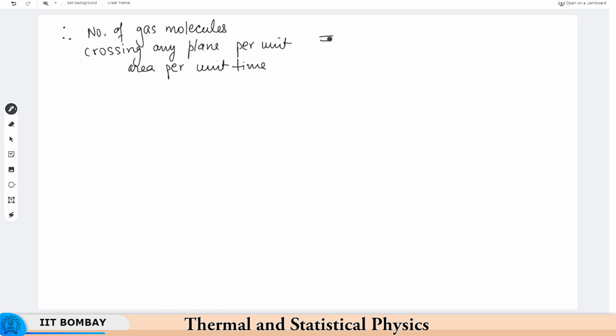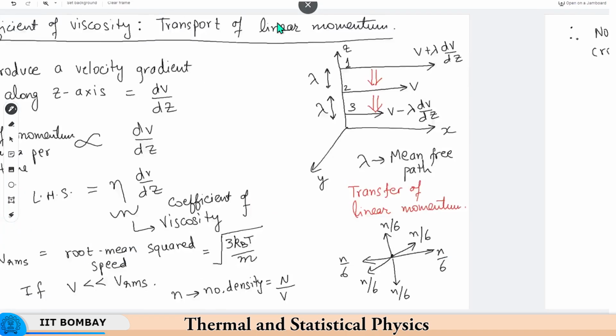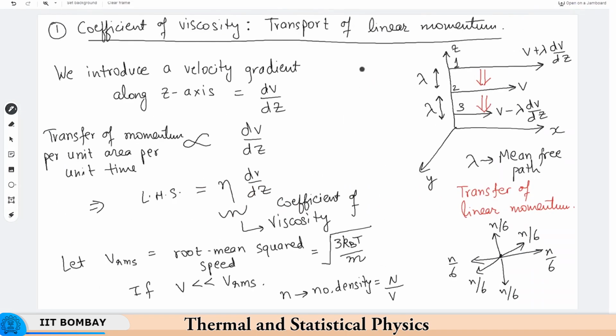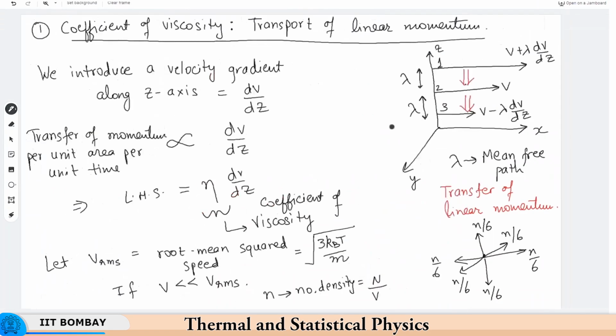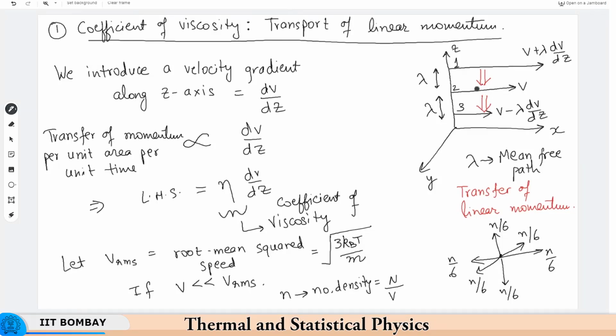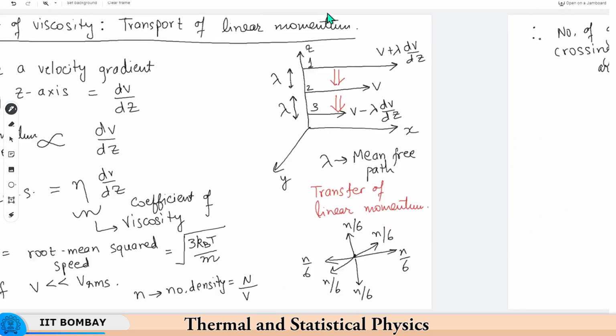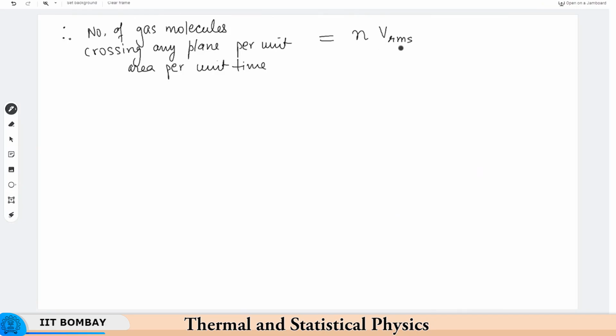Remember, n has dimensions of inverse volume, and if I multiply this small n with V RMS, what I am saying is, what is the net number of gas molecules crossing any plane per unit area per unit time? That will be equal to n, the number density, times the root mean squared velocity, and this has dimensions of number per unit area per unit time. Okay. You can very easily check that.